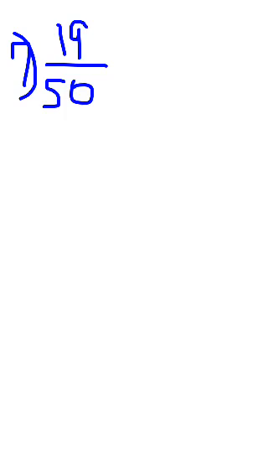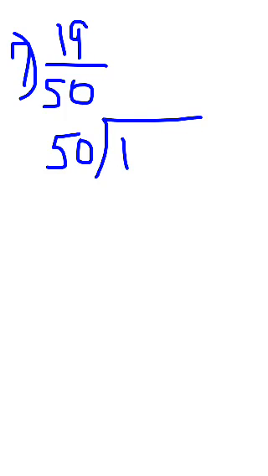Set up the division. And since we already know we need our answer as a percent, go ahead and move the decimal point at the end of 19 2 places to the right.